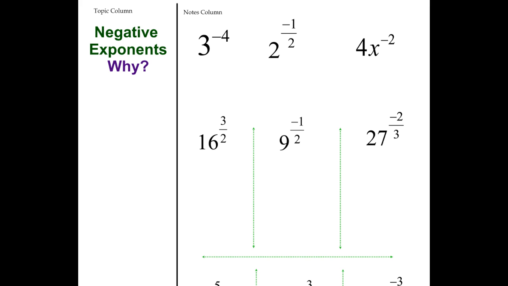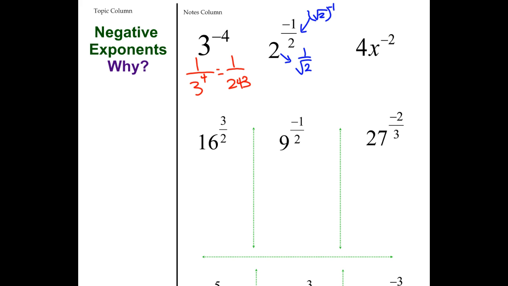All right, remember negative exponents. What that means is right here I have really 1 over 3 to the 4th power. So we can multiply that through, 3 times 3 times 3 times 3, and we get 1 over 81. Now this next one is going to be a little bit trickier because really this is the same thing as the square root of 2 to the negative 1, which really means that we end up with 1 over the square root of 2.